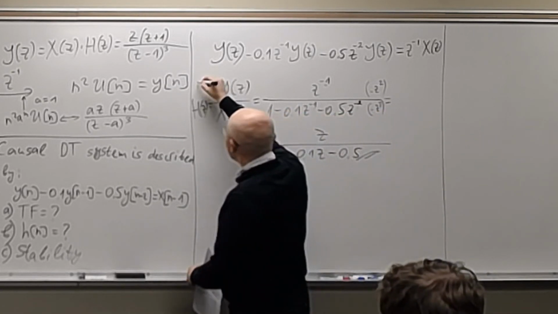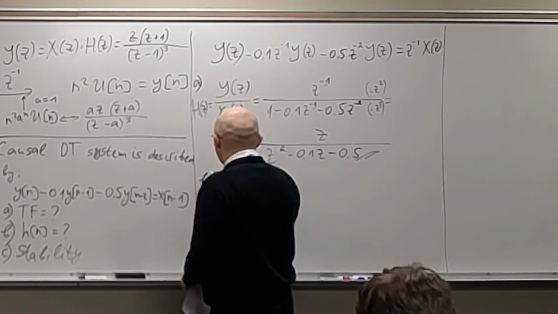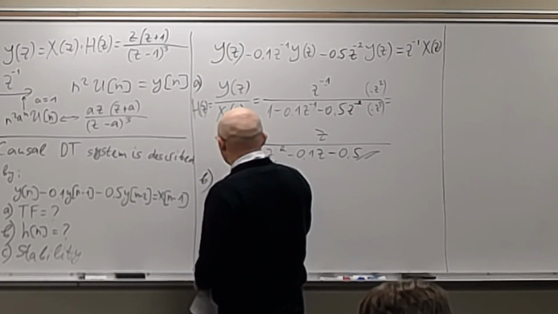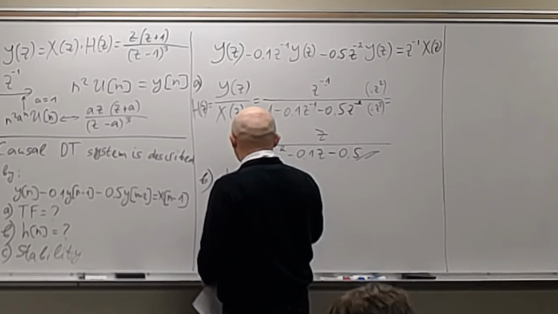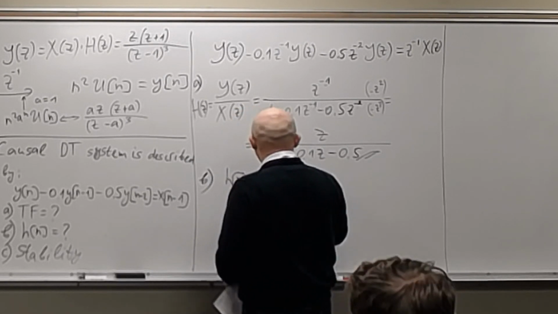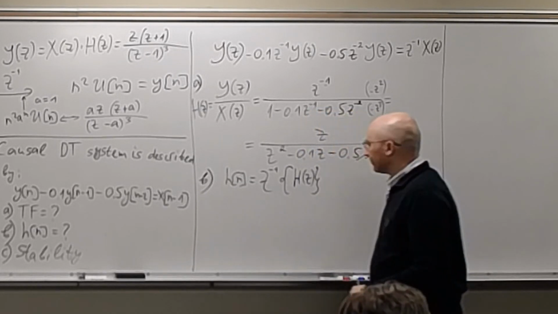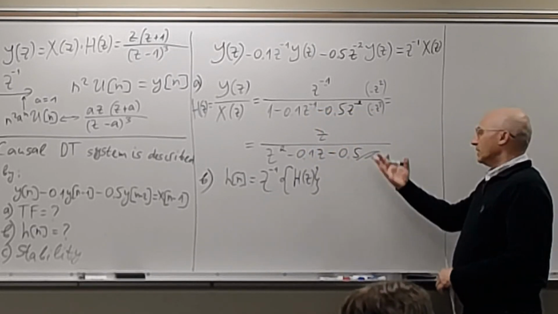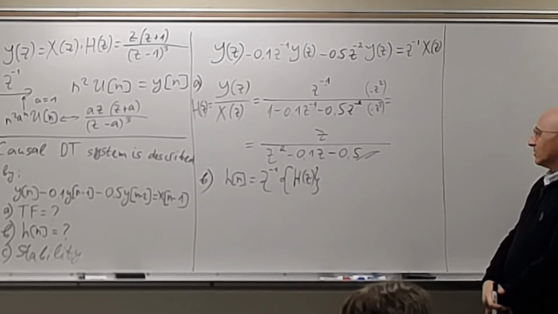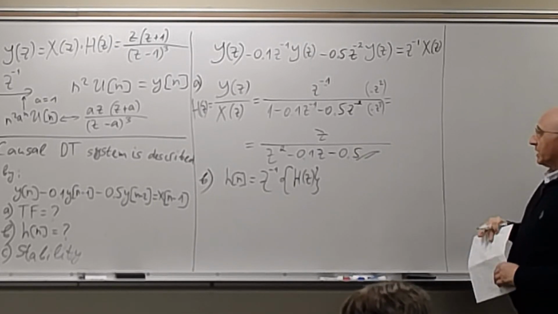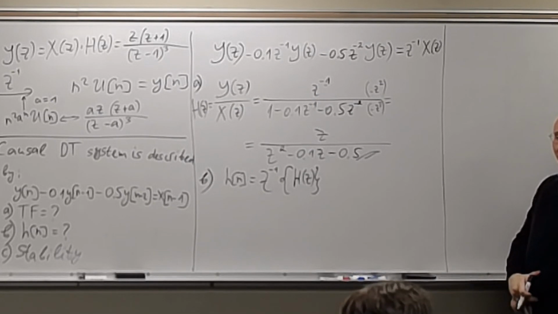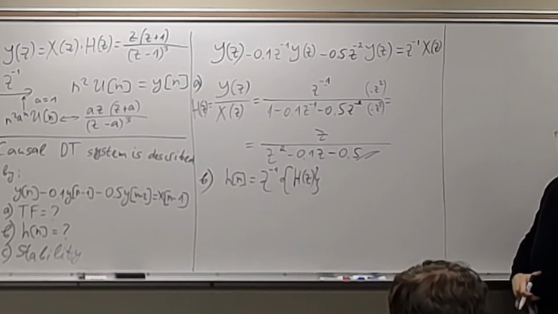So this was the A part, and for the B part, h of n is the inverse Z transform of H of Z. So you need to do the inverse transform of that thing. Now, you don't have something like that in the tables, but you know how to do it for the Laplace transform, right?